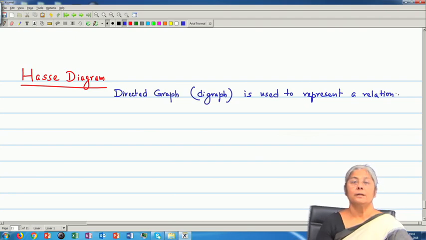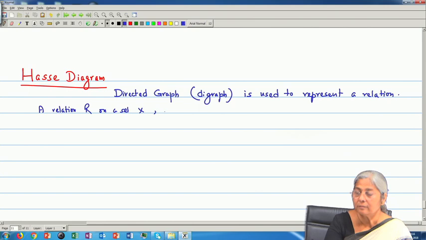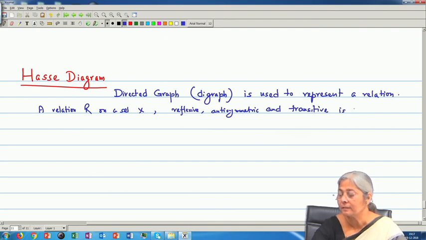Now, a relation R on a set X with the properties reflexive, antisymmetric and transitive is a partial ordering.